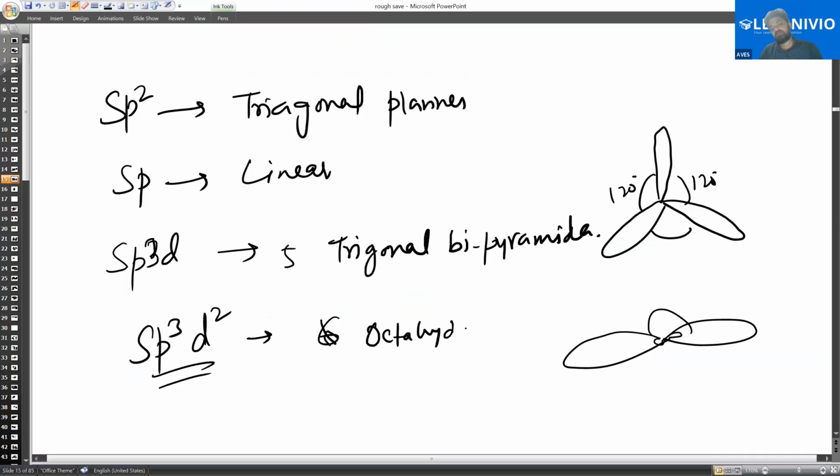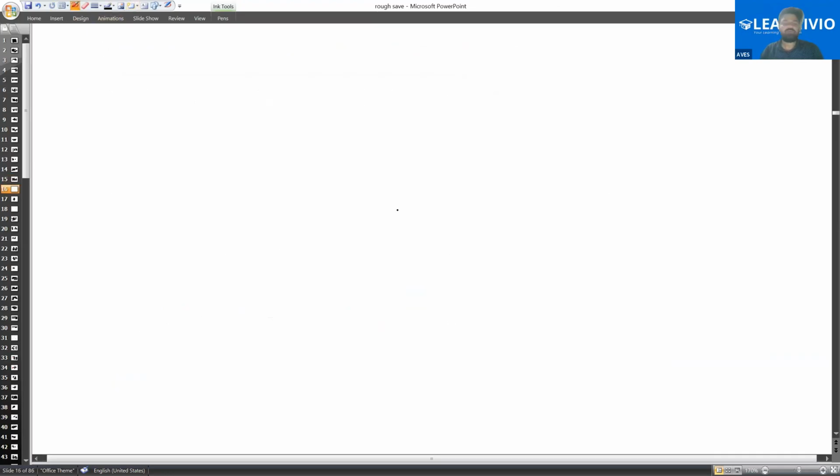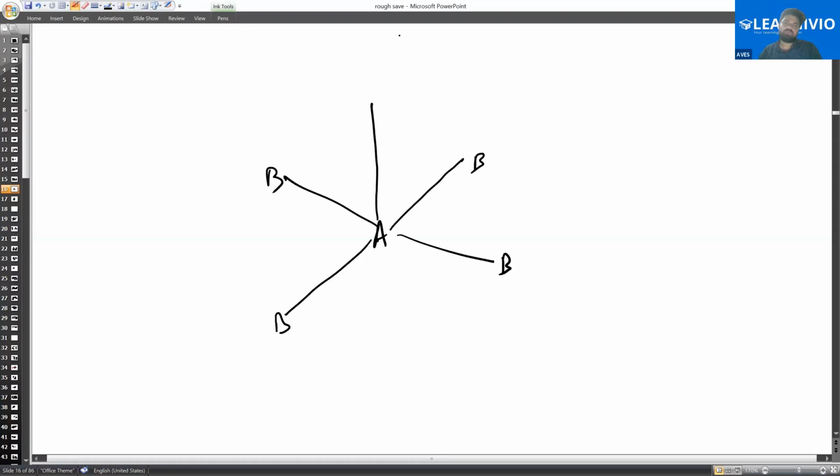In the octahedral shape we have 4 in the plane. You can put an element here, A, and then B, 4 in the plane, and then one at the top above the plane and one below the plane.